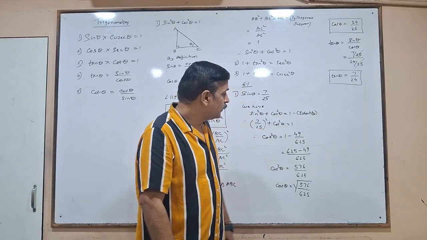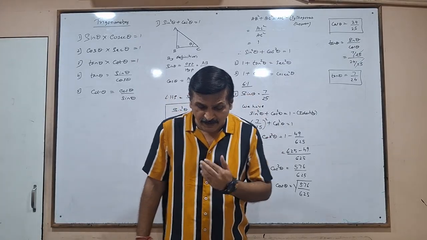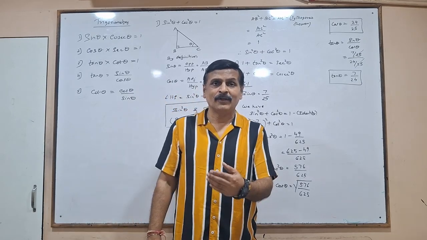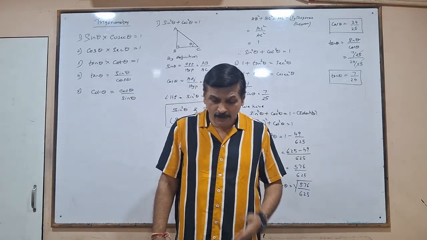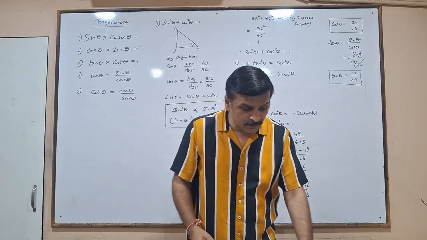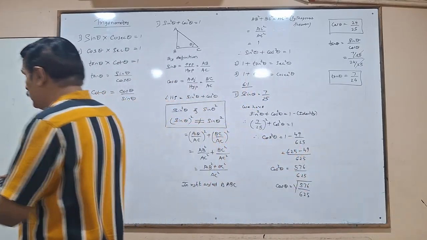If at all, by any chance, instead of sin, they are given tan, or for that matter, cot, as in our question number 2 and 3. Let us solve the question of third one, where they have given the value of cot.